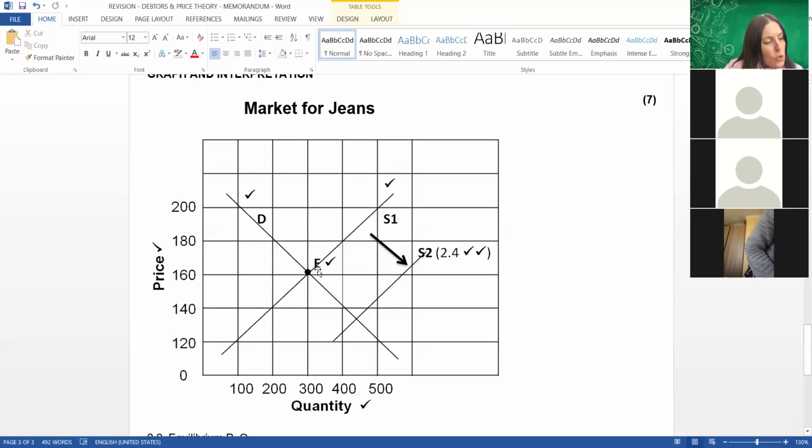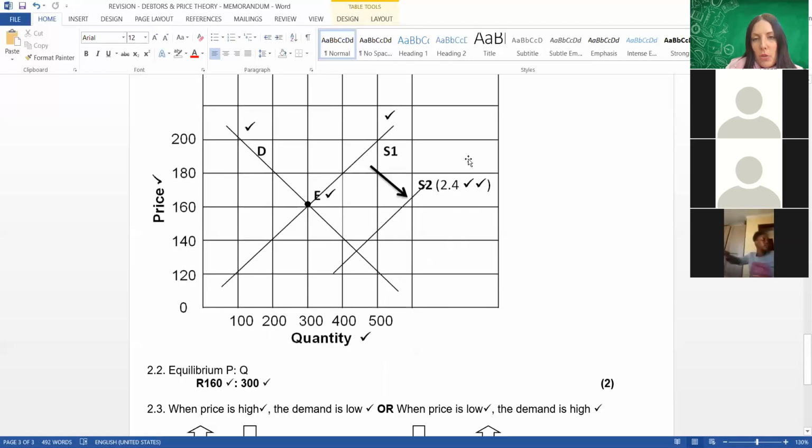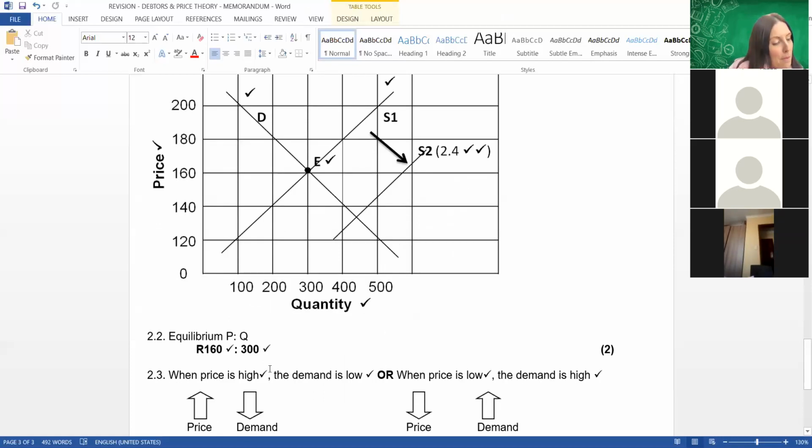So for 2.1, you can give yourself a mark for demand, supply, if you indicated the equilibrium point, and for price and quantity axes. All right, so that's 5 marks. Then I'll come back to this one at 2.4. Then they asked us to determine the equilibrium point, or price and quantity, which you can read off nicely there.